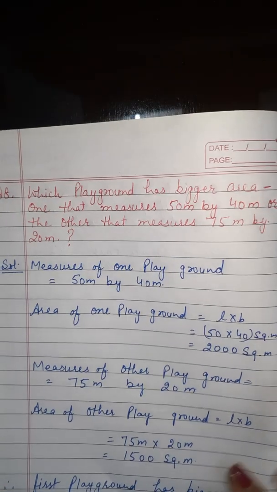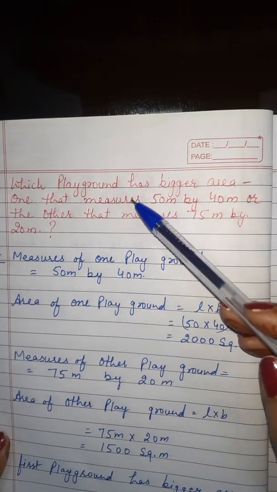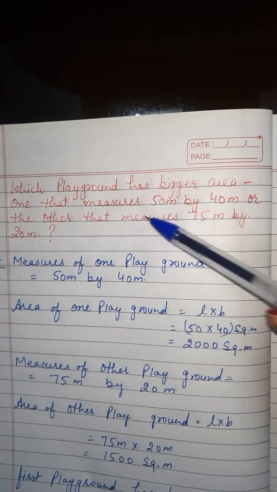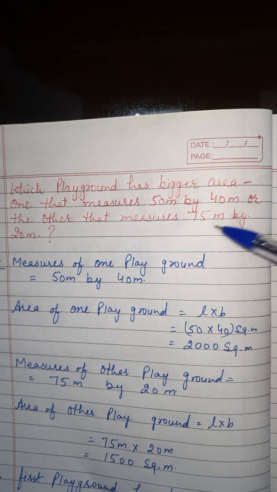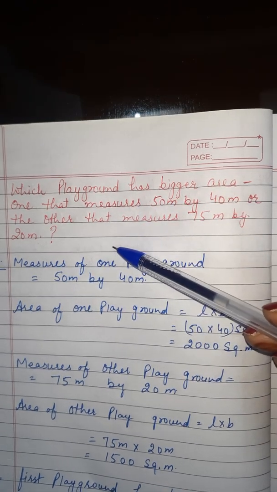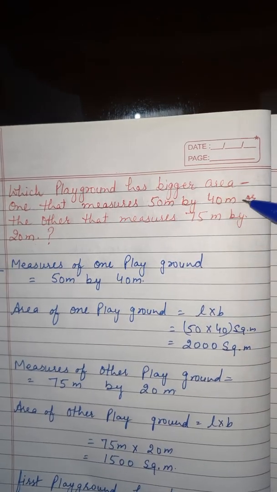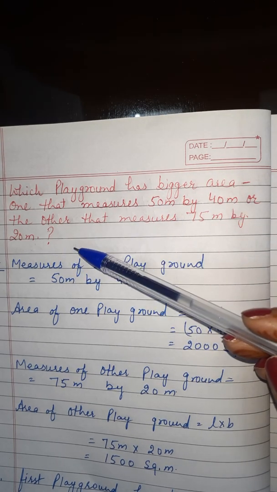Now the last question of this worksheet is: which playground has the bigger area? One that measures 50 meter by 40 meter, or the other that measures 75 meter by 20 meter. Here two playgrounds are given. The dimensions of one playground are 50 meter by 40 meter and the dimensions of the other playground are 75 meter by 20 meter.